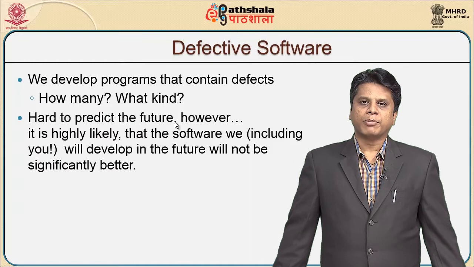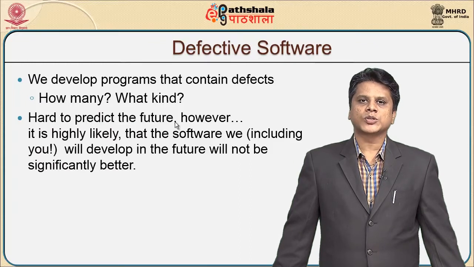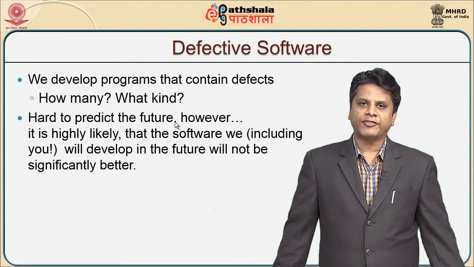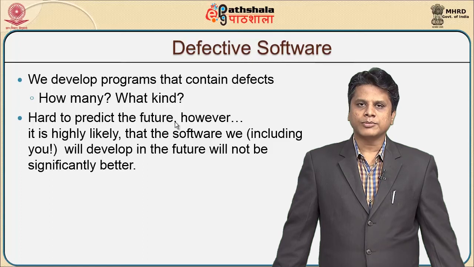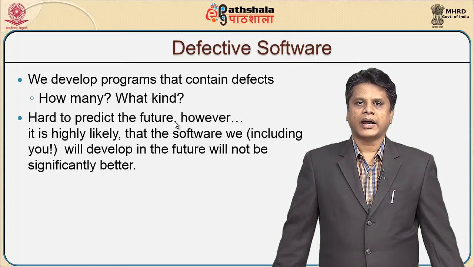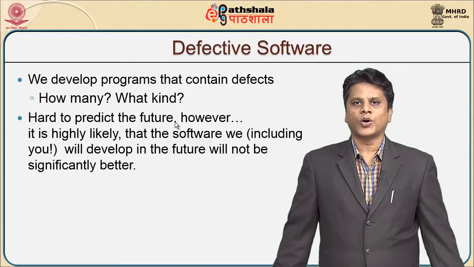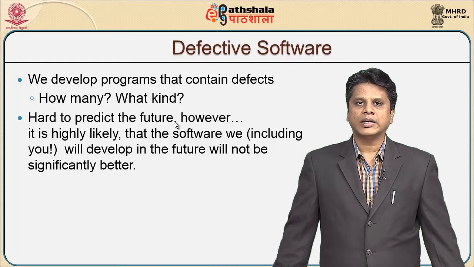So, what do we mean by defective software? Are the softwares which are manufactured really defective, or do we call those really defective softwares? We try to develop programs, yet they contain defects. After having mentioned the defects, how many defects are involved or what kind of defects are involved is the major challenge that we have to find out.